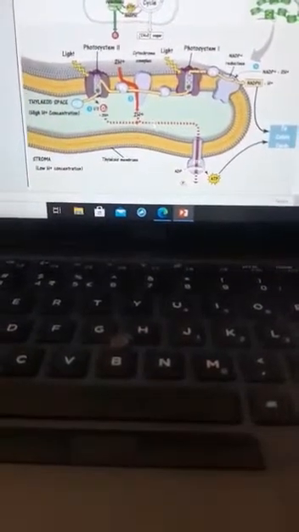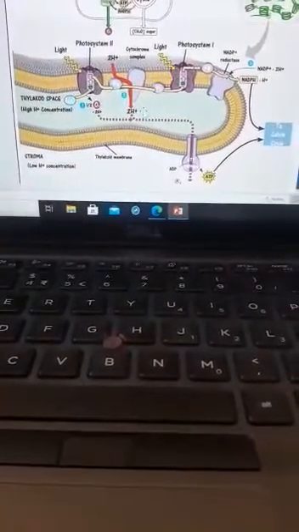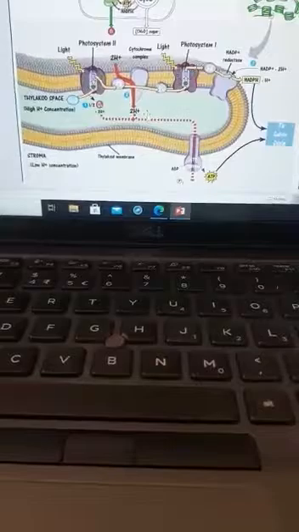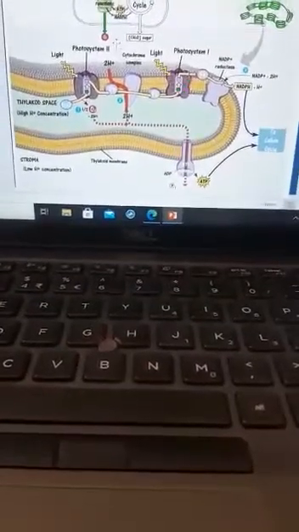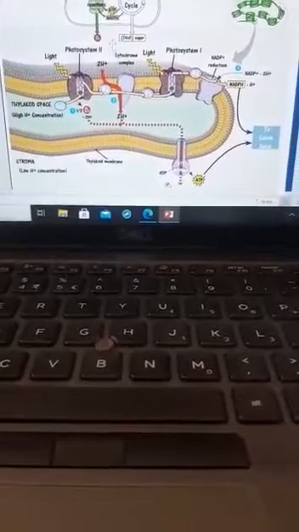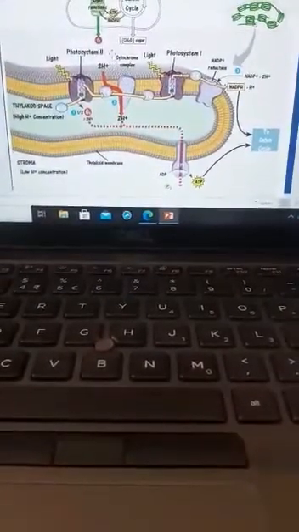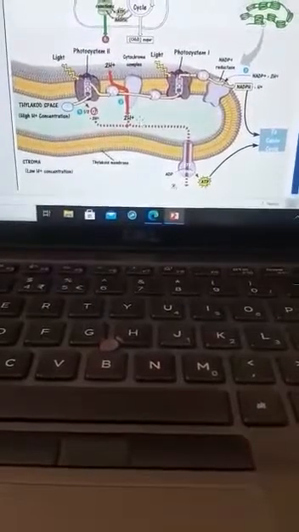This will create an imbalance on the charges, having more hydrogen protons on the thylakoid space and less on the stroma matrix. This will create what is called a gradient, a proton gradient.